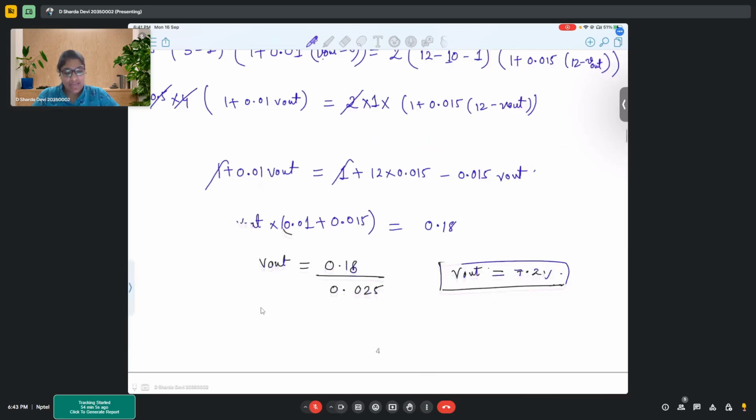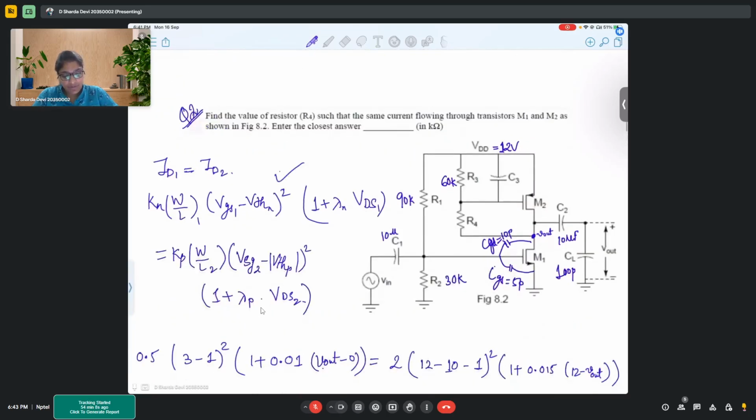If I would have directly gone to this particular formula in the first question, this formula would have two variables: V out and VG2. Solving two variables using one equation is impossible. For two variables, you would need two equations, and you don't have another equation over there.